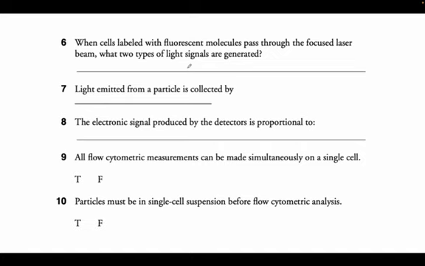We are going to generate both the fluorescent signal as well as a scattering signal. Light emitted from a particle is collected by the detector, which is usually a photomultiplier tube or PMT. Electronic signal produced by detectors is proportional to the fluorescence of the cell. All flow cytometric measurements can be made simultaneously on a single cell. That's true. Particles must be in single cell suspension before flow cytometric analysis. It's also true, because each measurement should come from a single cell.